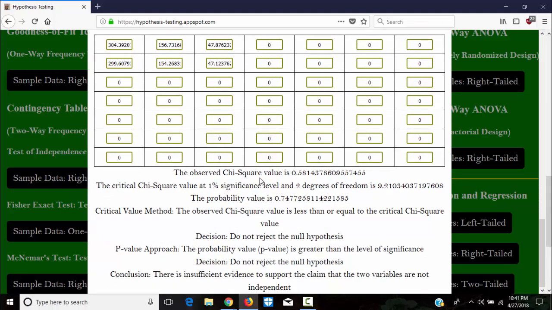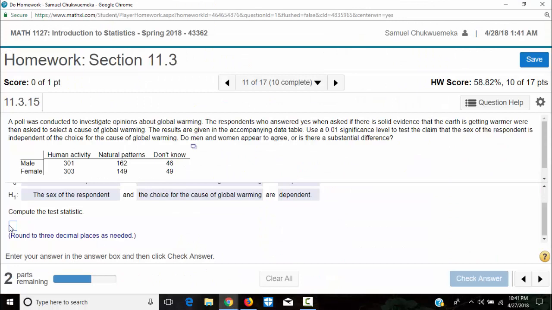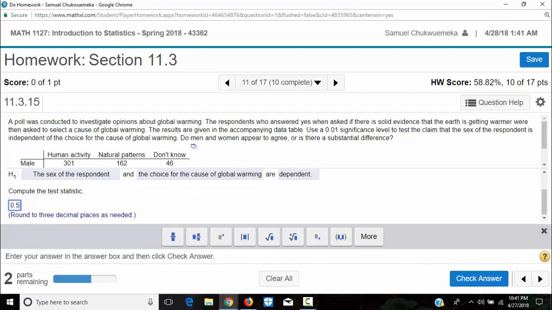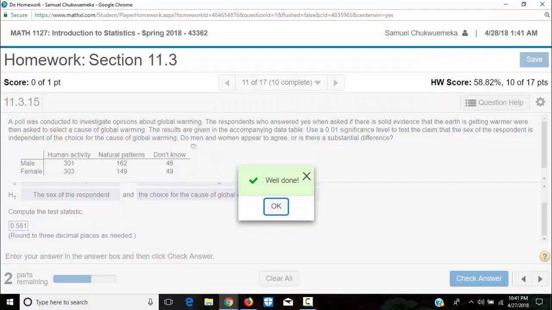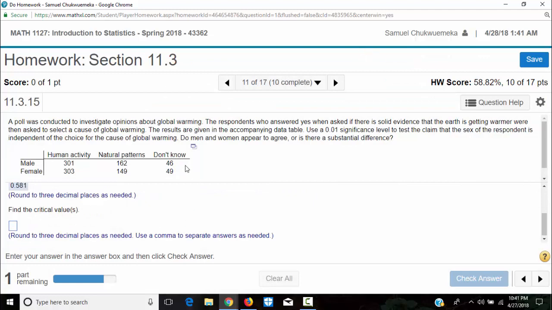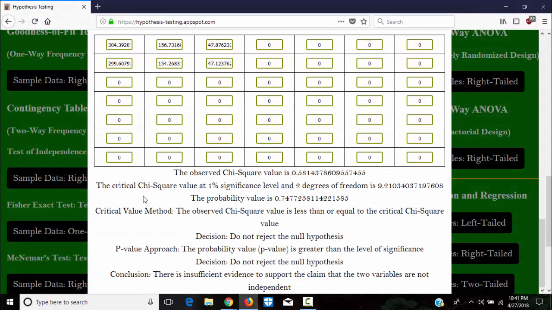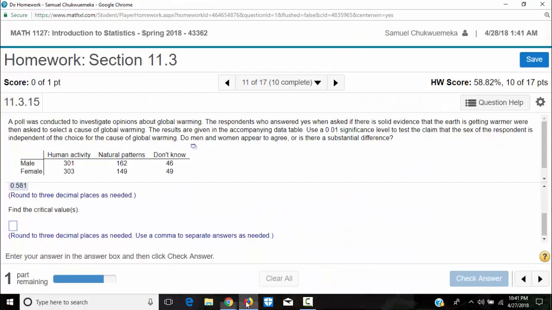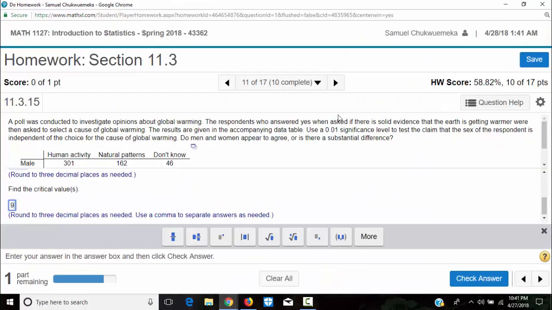The chi-square test statistic to 3 decimal places is 0.581. The critical value to 3 decimal places is 9.210, or you can just put 9.21.